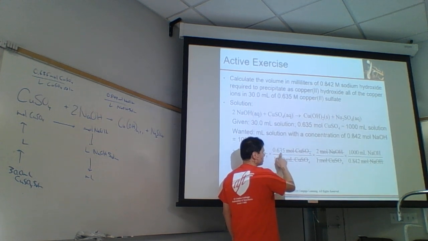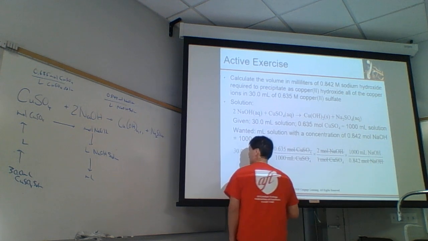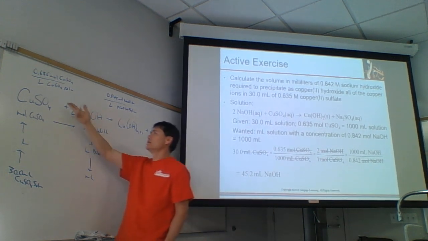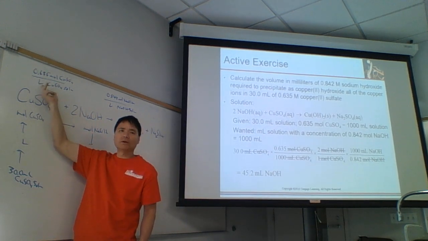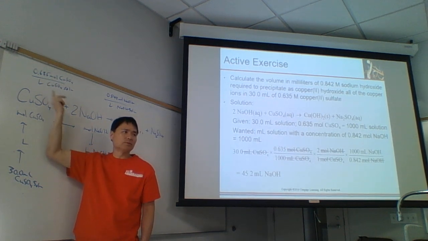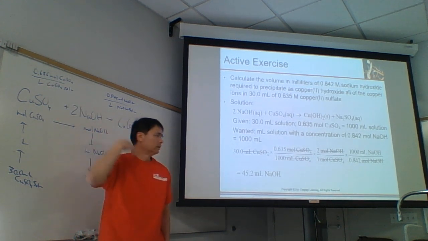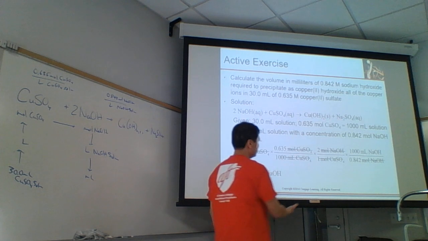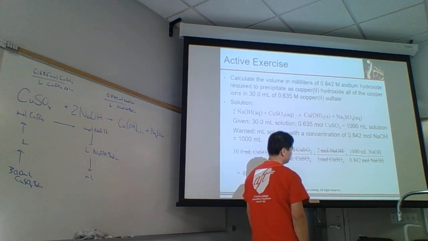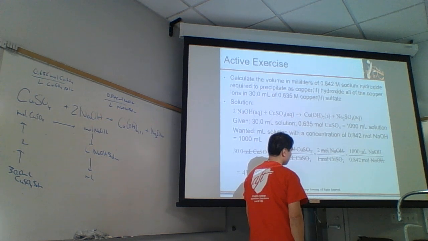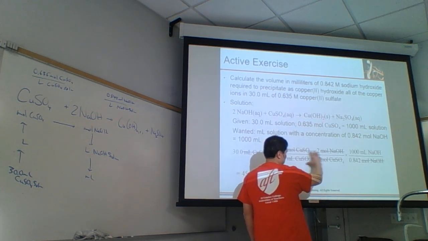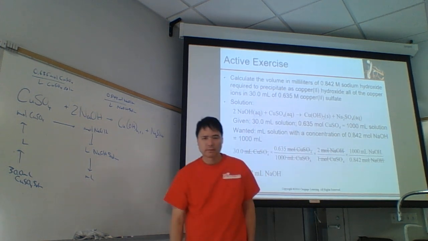I don't like to do 0.635 moles per 1,000 milliliters, even though it's correct, because I can look at this and go, okay, this is valid because it's 0.635 molar, and so that's 0.635 moles per liter. Versus this, when I look at this, it doesn't shout molarity to me, and so it's harder to see. But you got to make sure that things line up in this fashion.